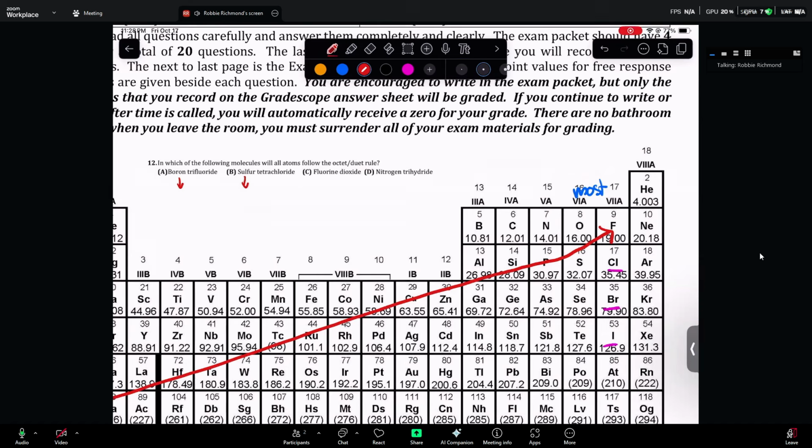This is looking at the third energy level or second energy level. So I'm pretty sure that this may be our answer, but let's also look at D, nitrogen trihydride. This might be a possible option.